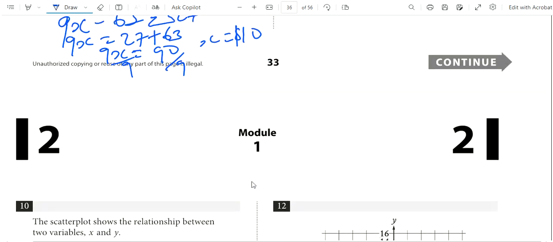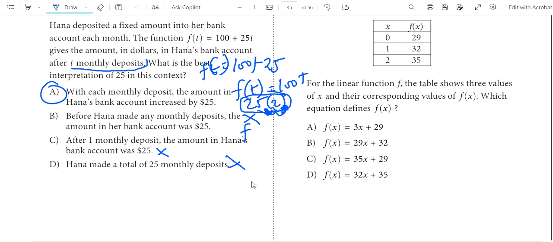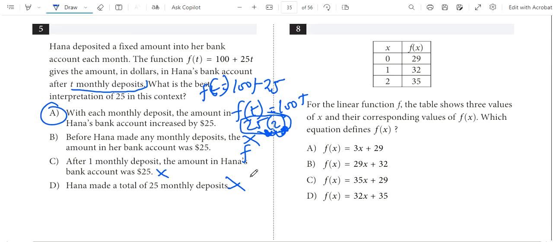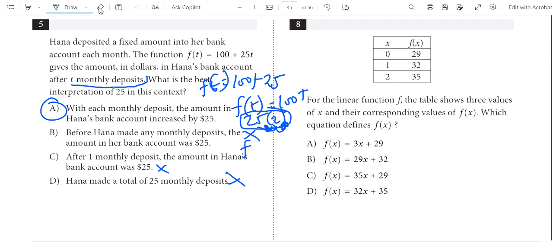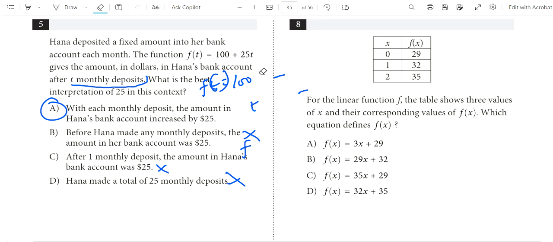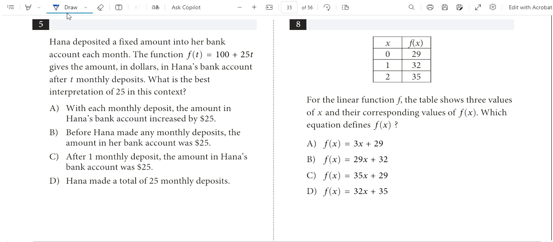Let's go on to question 8. Question 8 says for the linear function f, the table shows 3 values of x and the corresponding value of f of x. Which equation defines f of x? So all we've got to do is figure out an expression to show this function.